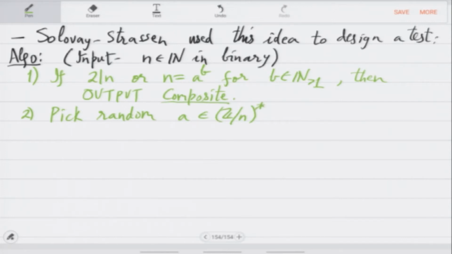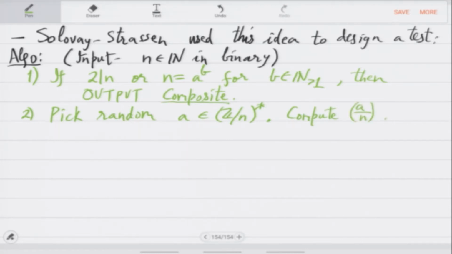If it is not, then you factor n. And you compute a by n.